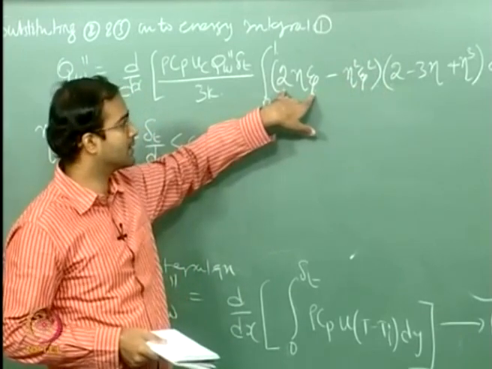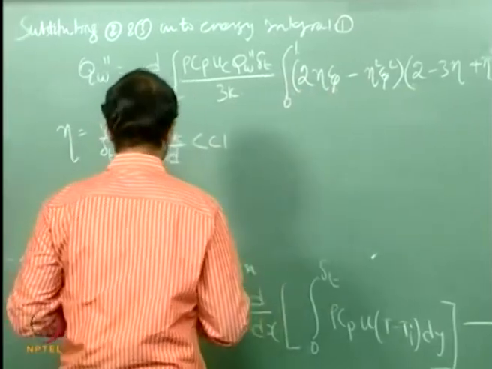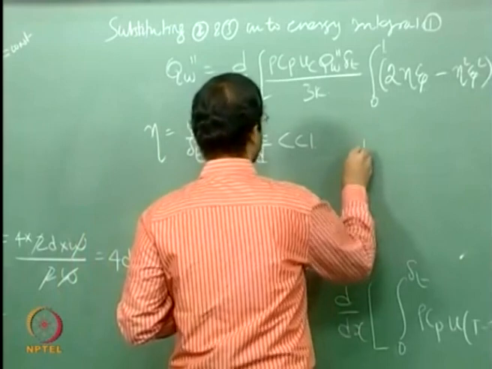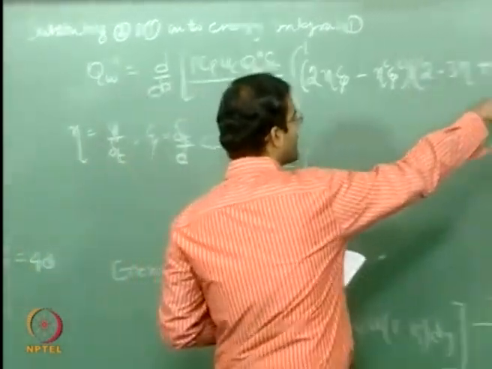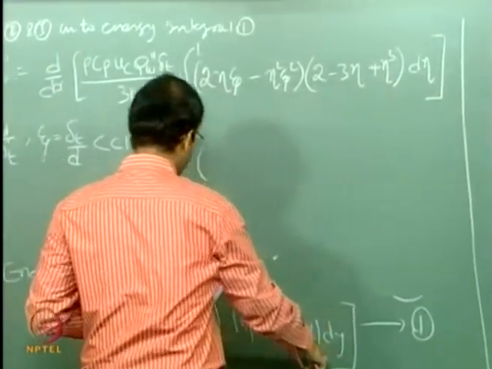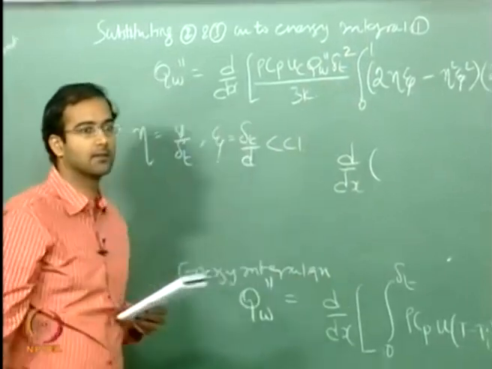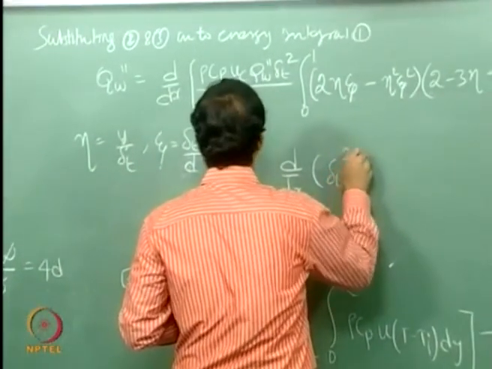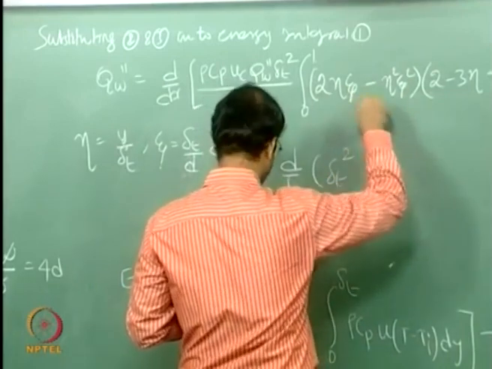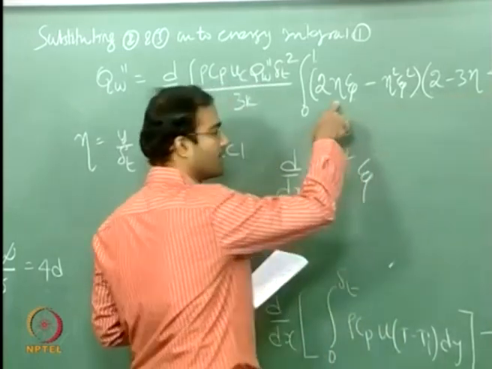So all these are multiplied by zeta square, and this can be completely neglected, and the resulting profile with the first order term can be integrated out, and you should be getting an equation which is d by dx. When you write in terms of eta here, one more thing, your y was eta into delta t, so this becomes delta t square. If you integrate it out, you will get a constant times your zeta, because you are integrating with respect to eta.